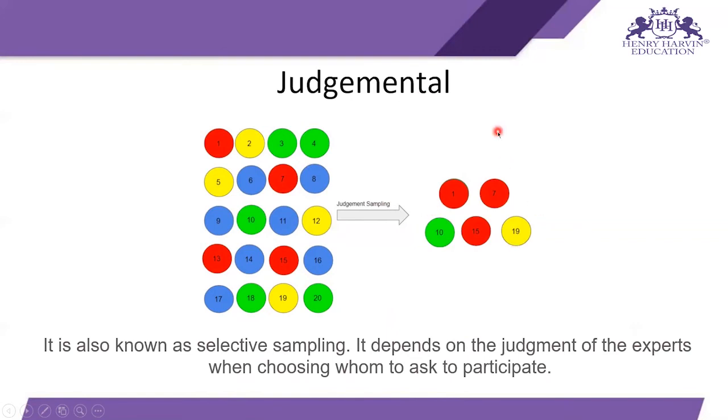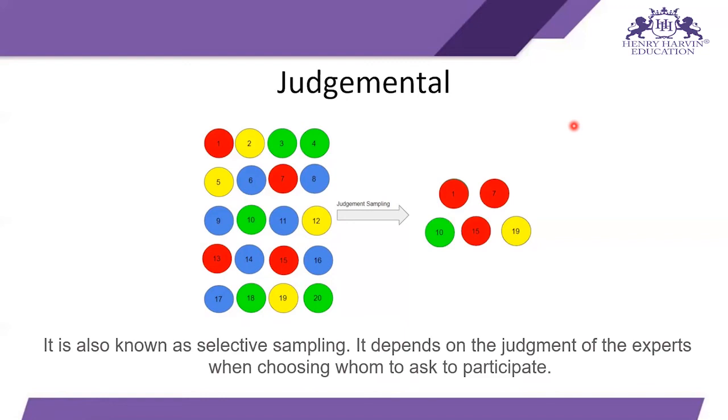To explain judgmental sampling, I will take a simple example. Let's say you are studying in a school, and your class teacher wants to select two students for class monitor. As you all know, the class teacher knows about all the students in your class, and also knows about your academics and your strengths and weaknesses.